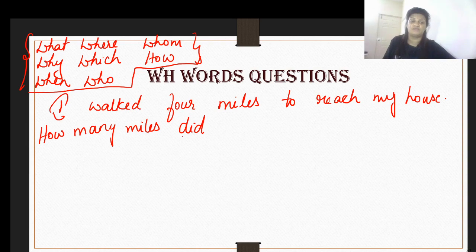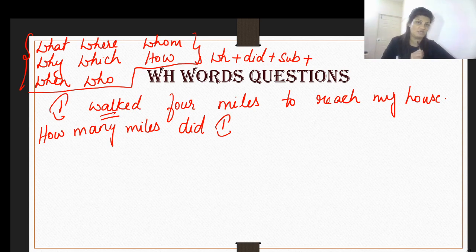Remember, we are going to use the structure over here as WH word and then did. And what is the next thing? How many miles did? What is the subject over here? I. Did I? So here you will have your subject. And what is your verb over here? It is in your past tense. And what did I tell you when you use did in your statement?